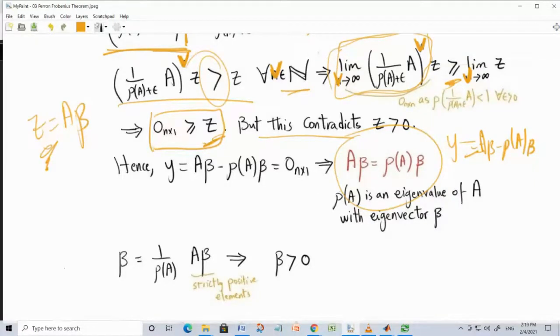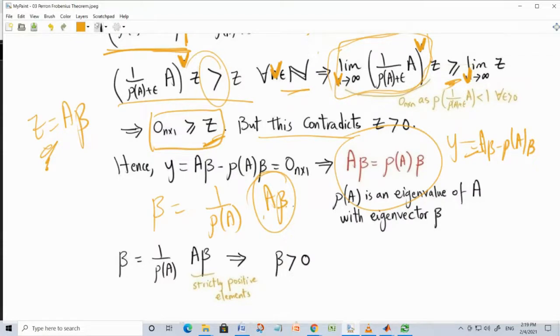Just divide both sides by rho of A. Remember that the matrix with strictly positive elements has a strictly positive spectral radius. The spectral radius cannot be 0, so you can divide both sides by rho of A. So you have beta equal to 1 over rho of A times A beta. Now A beta is strictly positive because beta is non-negative and it has at least one positive component.